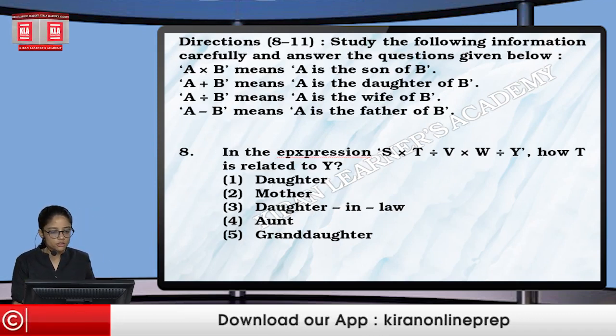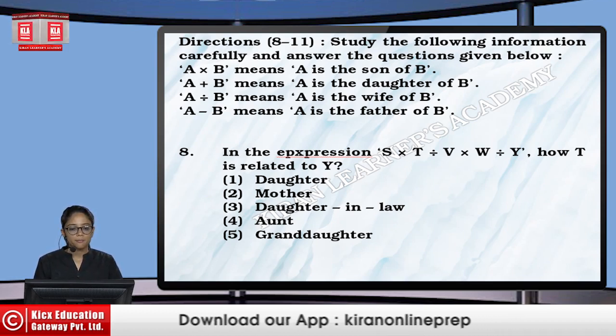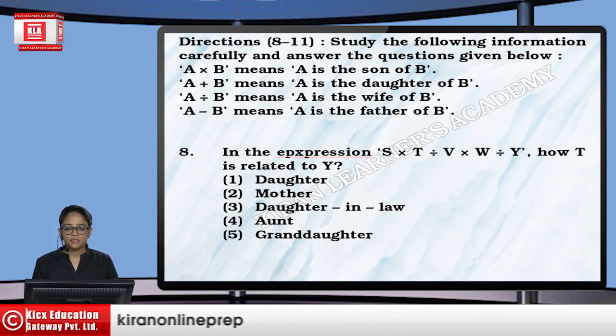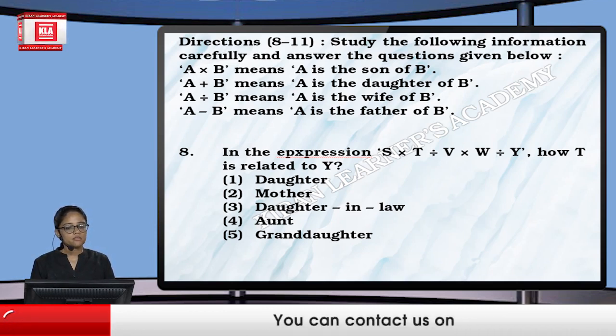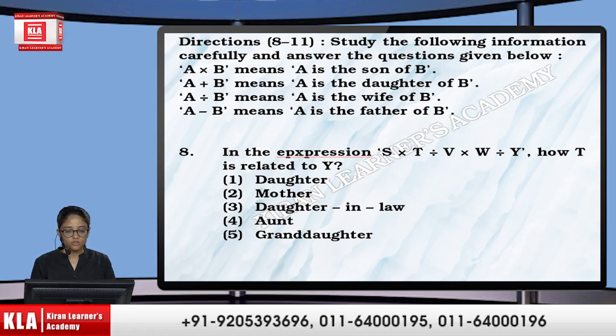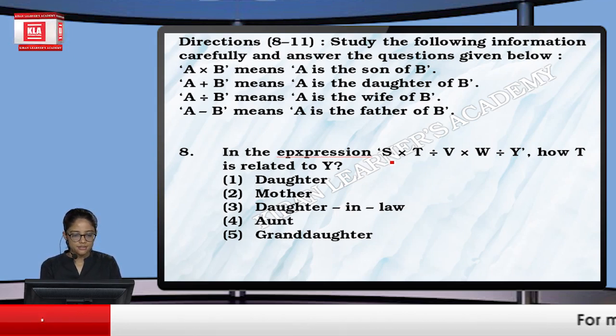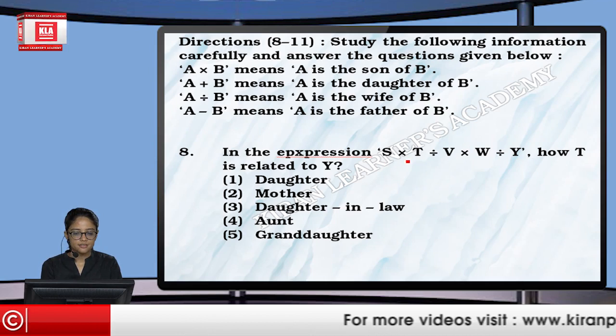Let's see the next question. Next question, we have some mathematical symbols which are in the form of relations. Cross means son, plus means daughter, divide means wife, and minus means father. So in this given expression, we have to solve the answer. So S T, cross means S is the son of B.